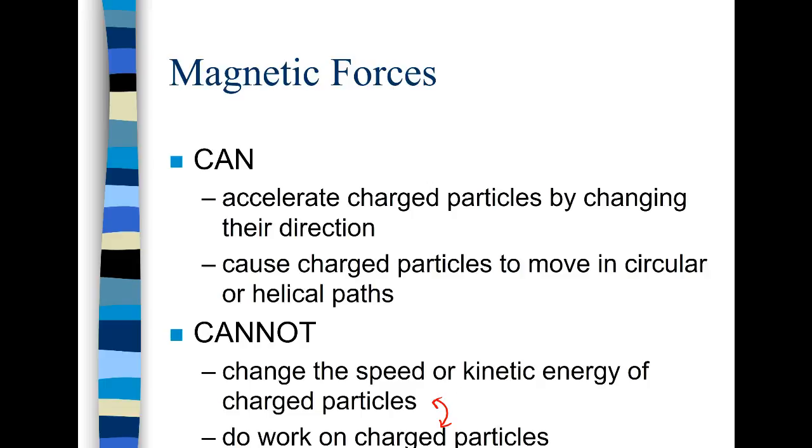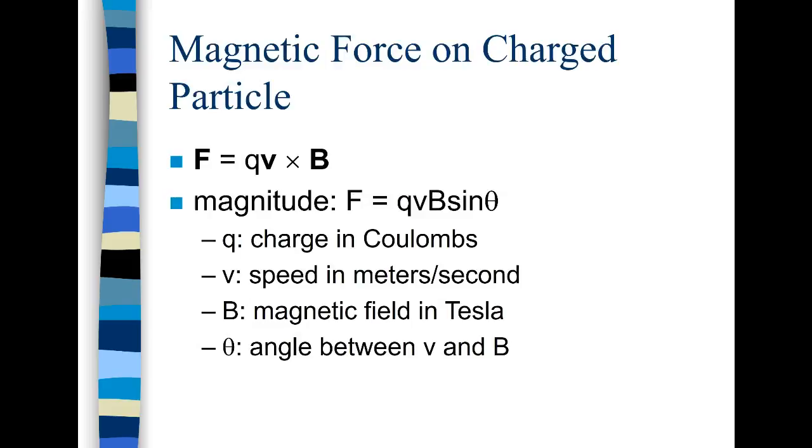So why is that? Well, we have to take a look at the magnetic force on a charged particle. And so here's our equation. The force on a charged particle is qv cross B. So it's a cross product, which means that if we have a magnetic field going one way and we have a velocity of a particle going another, those are at right angles, and the force will actually be at a right angle to those two.